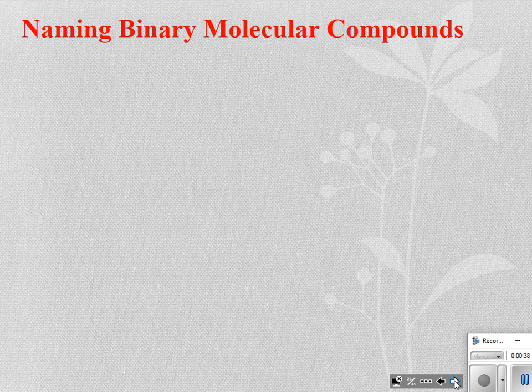The problem that a lot of people have had that I've seen throughout the years is they mix up the two different methods. So they want to use the molecular way to name ionic things and vice versa, using the ionic way to name molecular compounds.